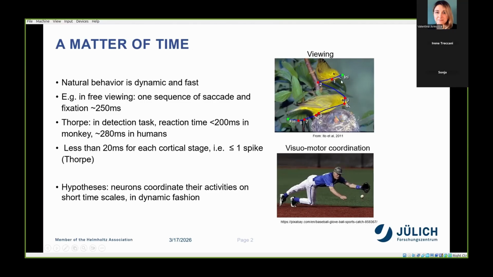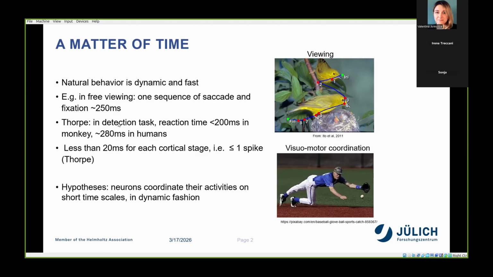Or if you are looking around, as you are doing all the time, with saccades and fixations, even if you don't notice, such a sequence of a saccade and a fixation is about 250 milliseconds, which is fast. If you think about that, when you fixate with your eyes on something, you also have to decide where you go next and digest what you saw. Right? So there is not so much time.